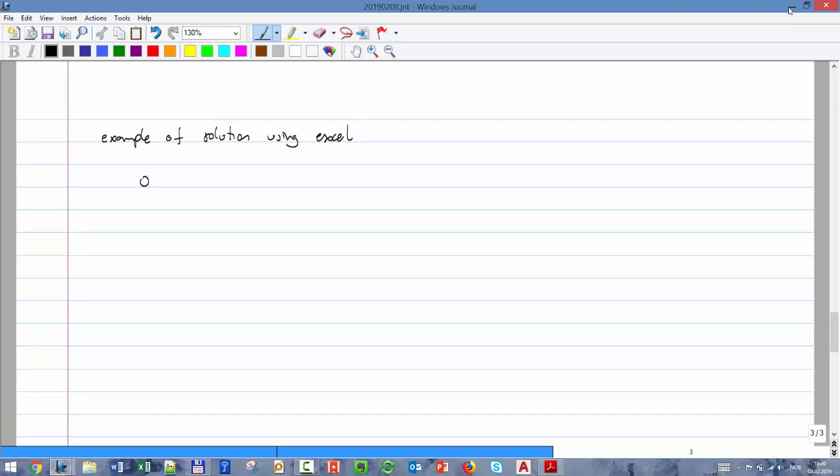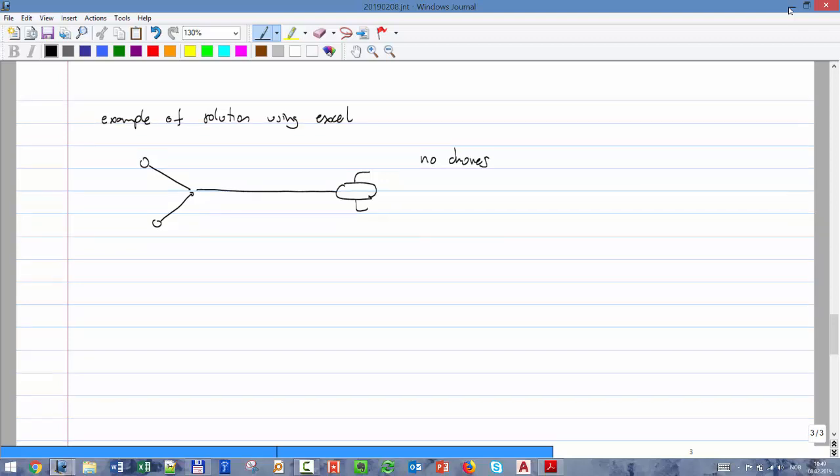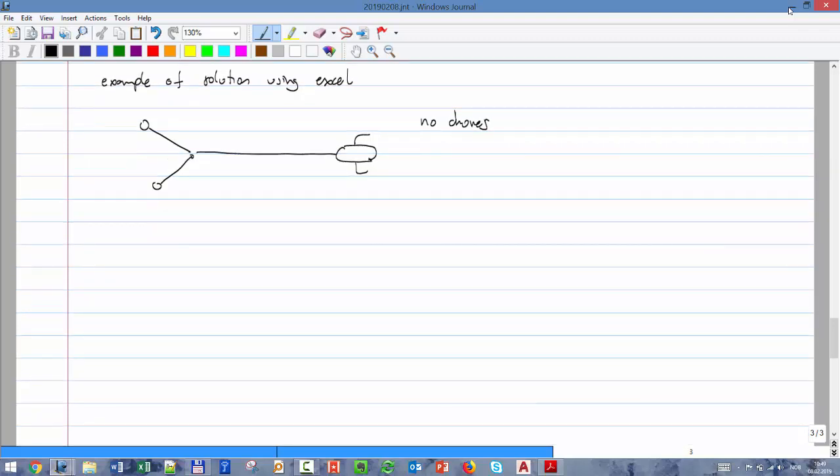Then I say I have the same case. I have two wells, I have a flow line, and let's say initially no chokes. In my Excel sheet, I think the best way to structure it is to have well 1, well 2, and then here the flow line.